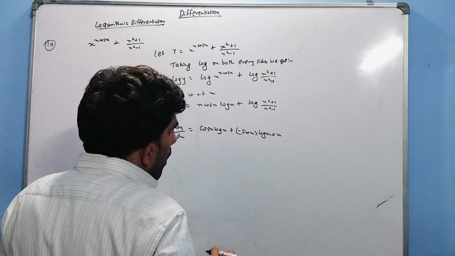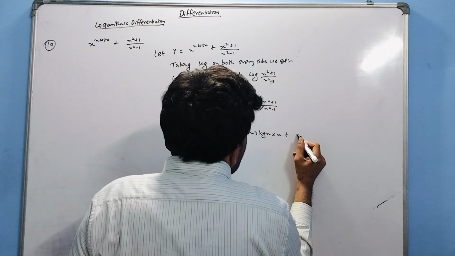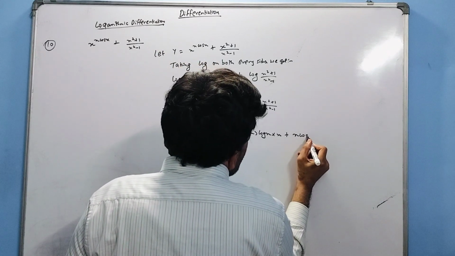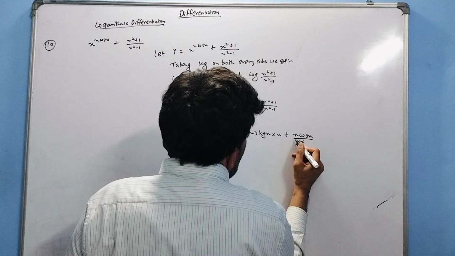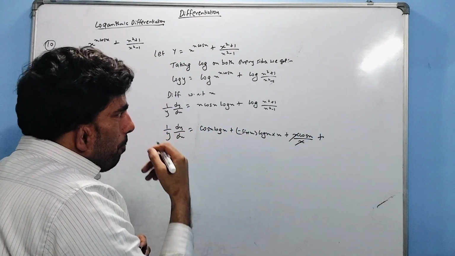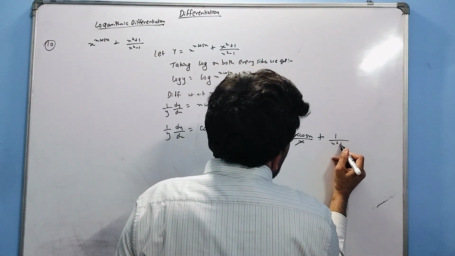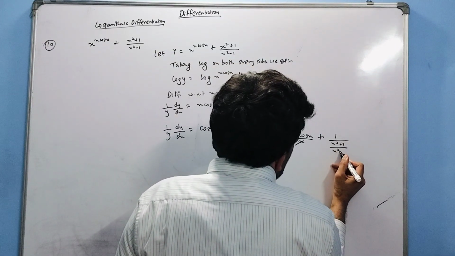Now we differentiate log x, so that is x cos x into 1 upon x. So it will be this plus, now differentiate this: log of x square plus 1 upon x square minus 1.